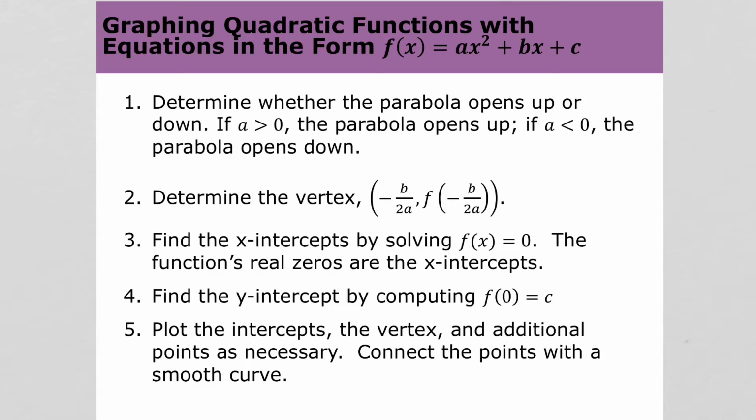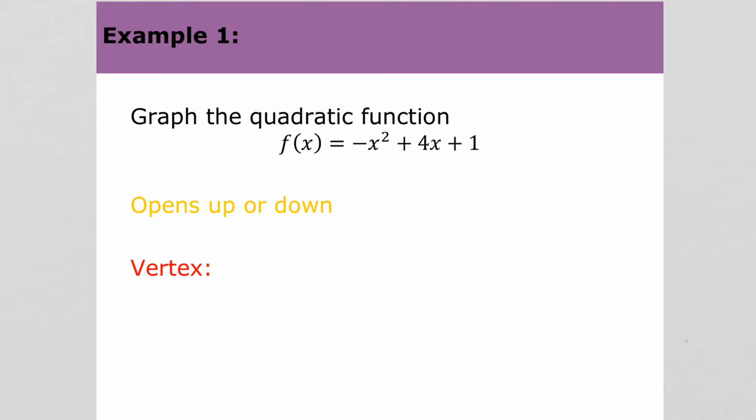And here are some steps you can use to graph quadratic functions when they're in general form. But I'm not going to read through that. If you want to follow them, you can. I'm just going to go ahead and start an example for us. So we're going to graph f of x equals negative x squared plus 4x plus 1.